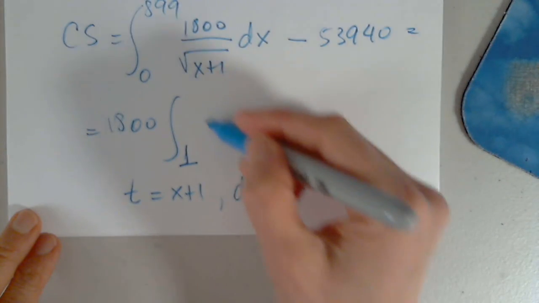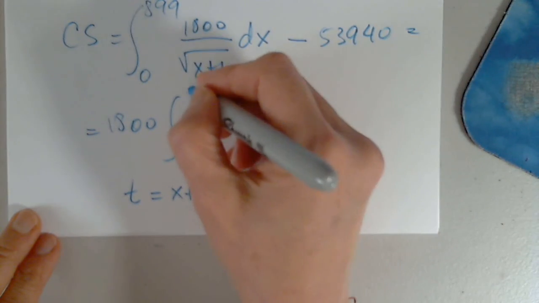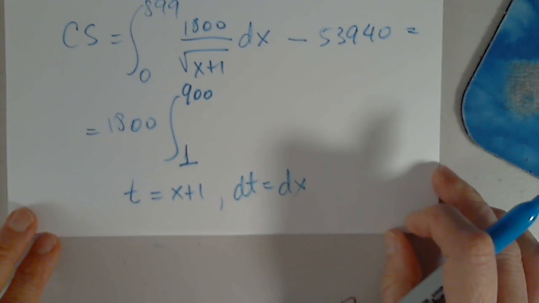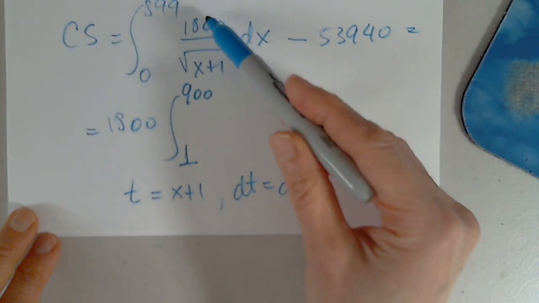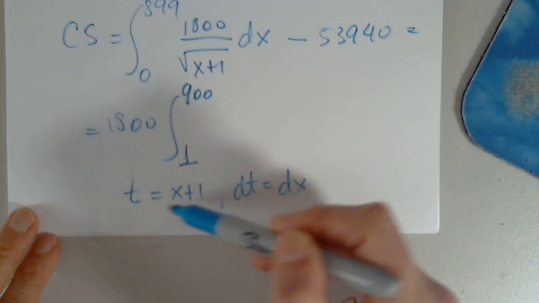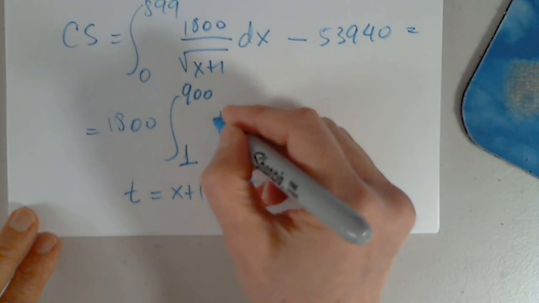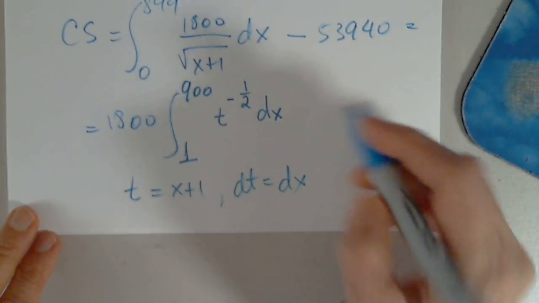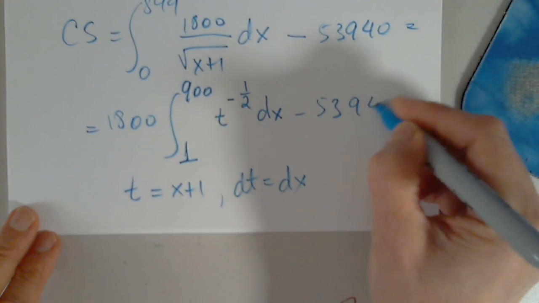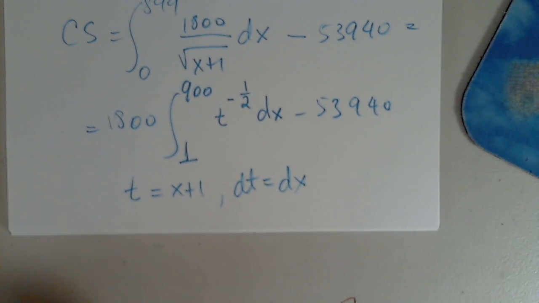When x is 899, t is 900. And dx will be replaced by dt, and I do have 1 over the square root of t, or t to the negative 1/2, minus 53,940. Let's stop for a moment and see if you have any questions so far.